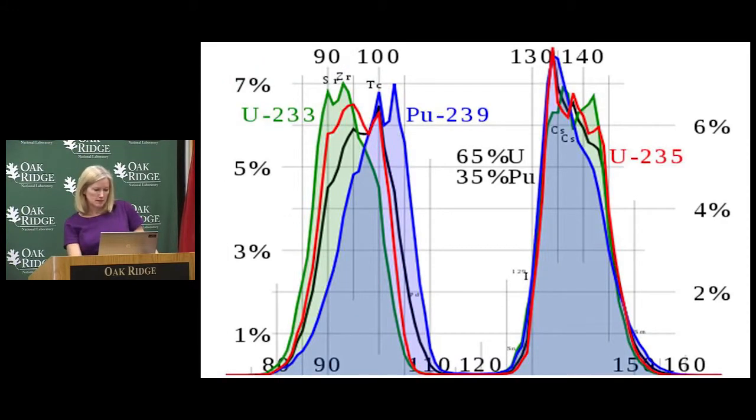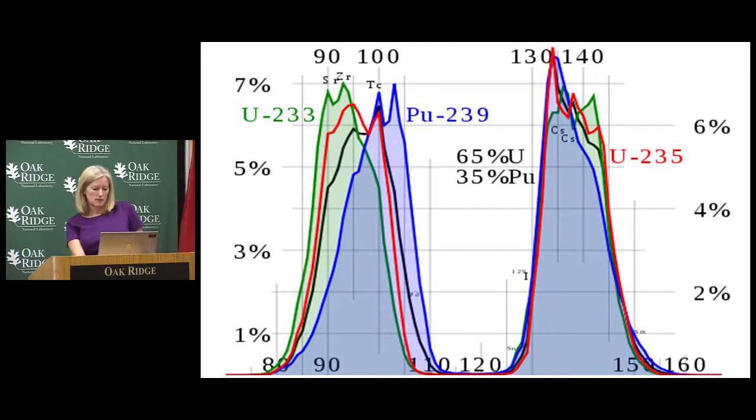And here is the fission mass distribution. This is a distribution of the mass of the fission products created during fission for uranium-235, which is in red, and plutonium-239. You can see ruthenium-106 would be right about here.